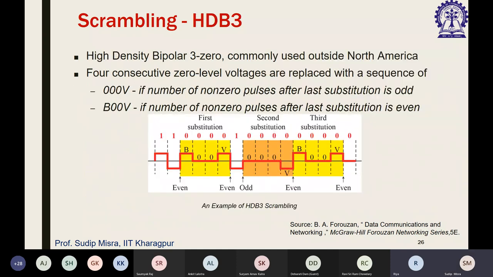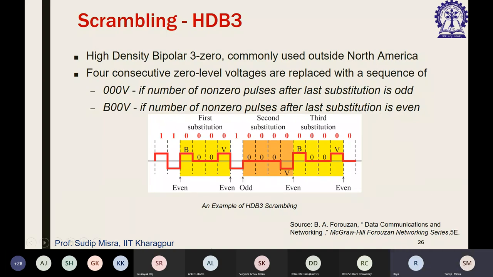Another type of scrambling technique, which is also very common but is used mostly outside of North America, is called HDB3, high density bipolar 3. So here it is even simpler.